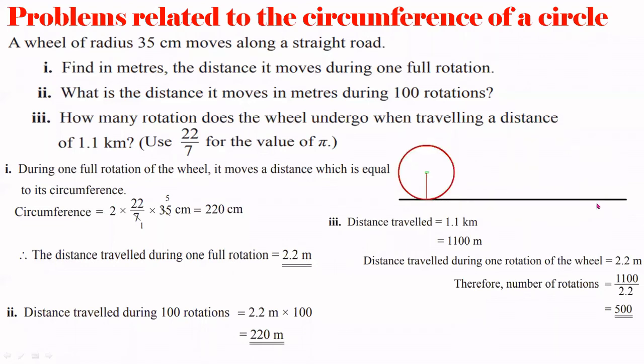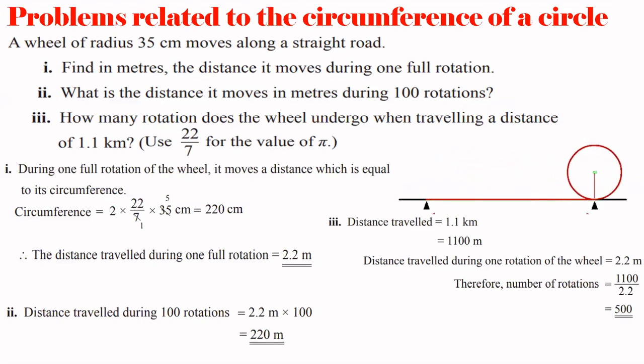So if it rotates another round, the wheel can move twice the previous distance. If it rotates 3 rounds, then it moves three times the previous distance. So in any vehicle, when the wheel rotates, the vehicle moves. Can you understand the idea?